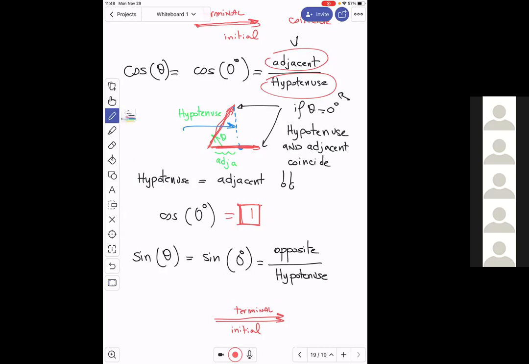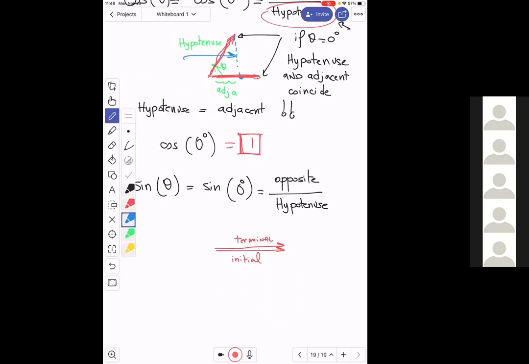So what I'm saying is that if the terminal and initial sides are one side, there will be no opposite side.